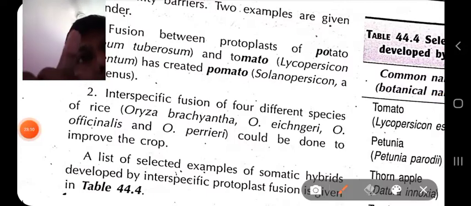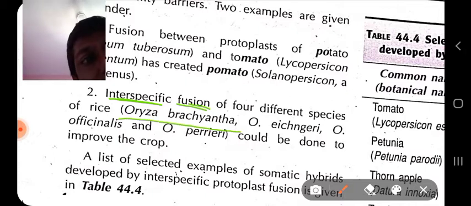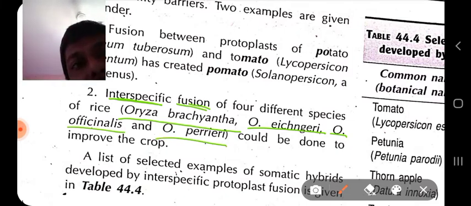With the help of the somatic hybridization technique, we can fuse these interspecific varieties of rice. These four varieties of rice can be fused by somatic hybridization techniques to improve the crop.